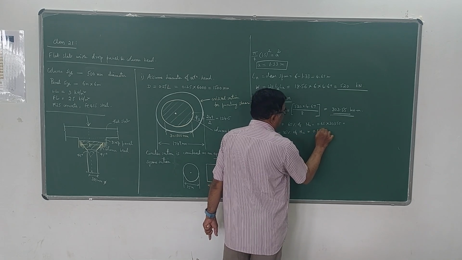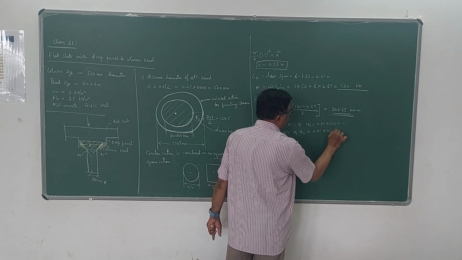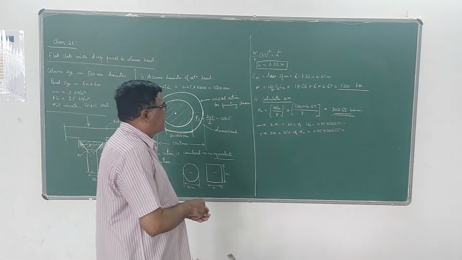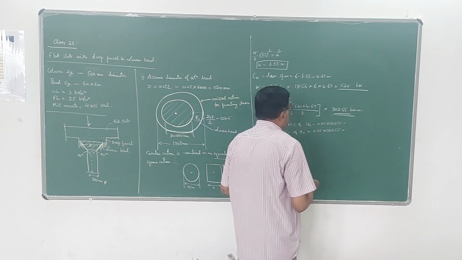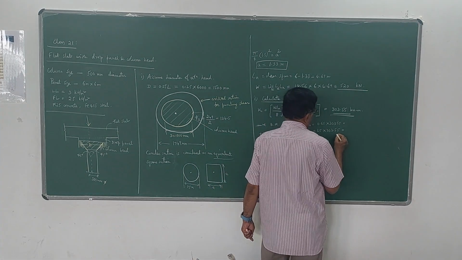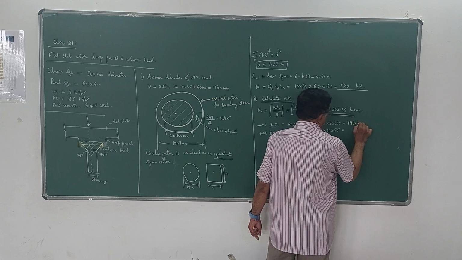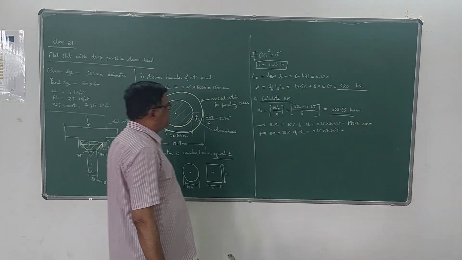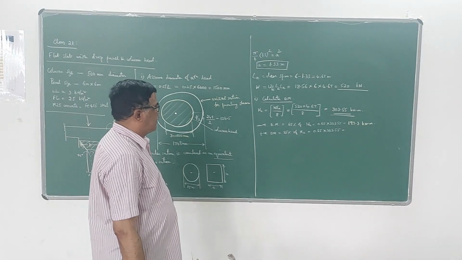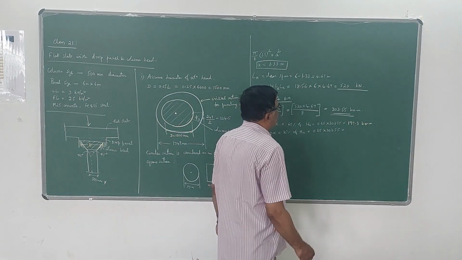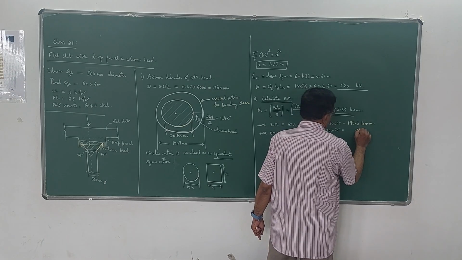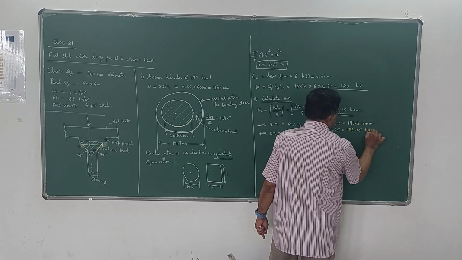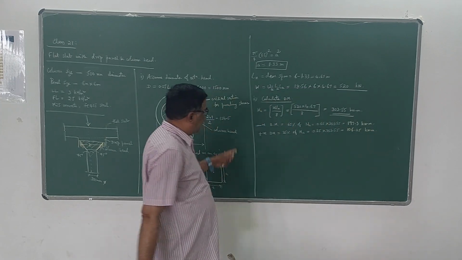So 0.35 into 303.55. The first value is 197.3 kilonewton meter, the negative bending moment. The positive bending moment is the remaining, 106.25.